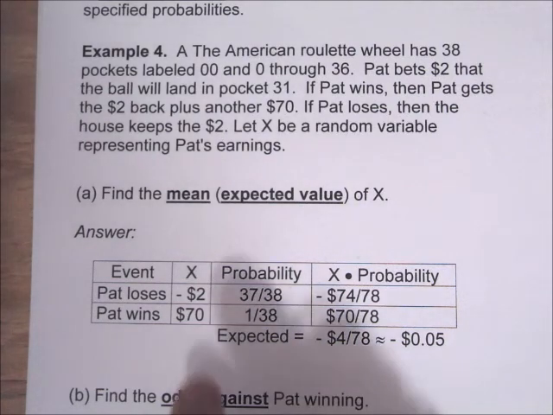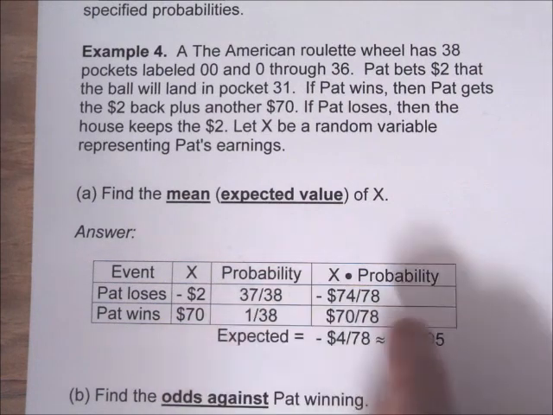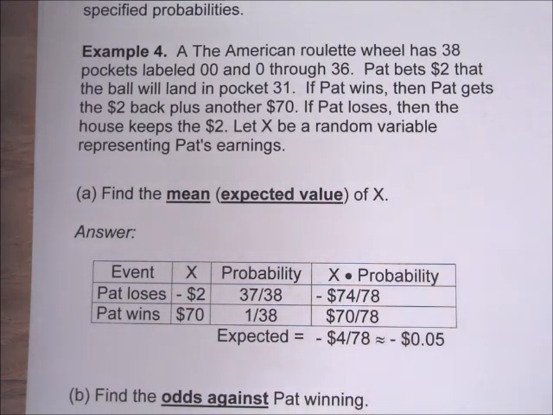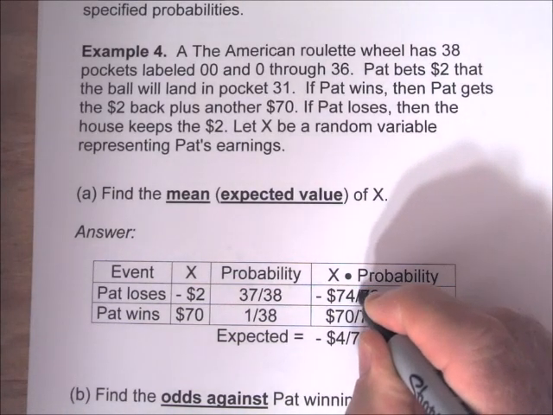So if we multiply the value of X times the probability, negative 2 times 37 is negative 74 out of 38.